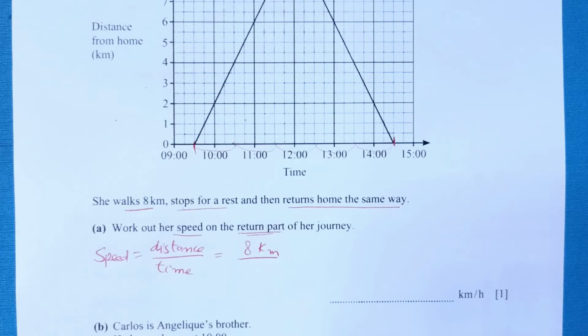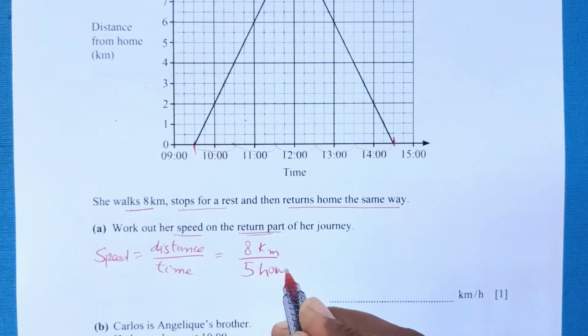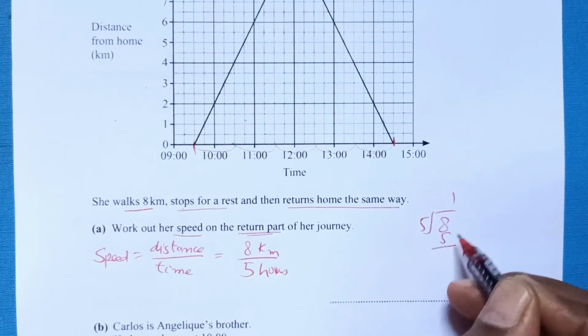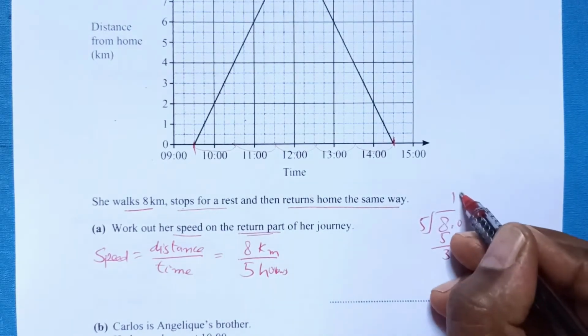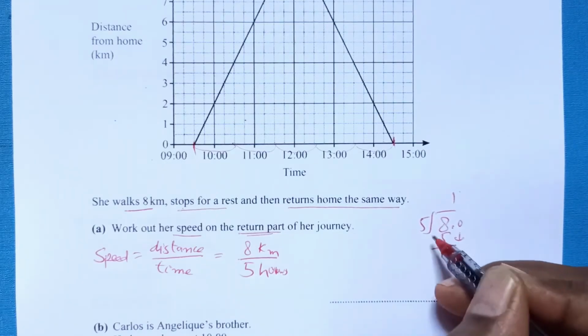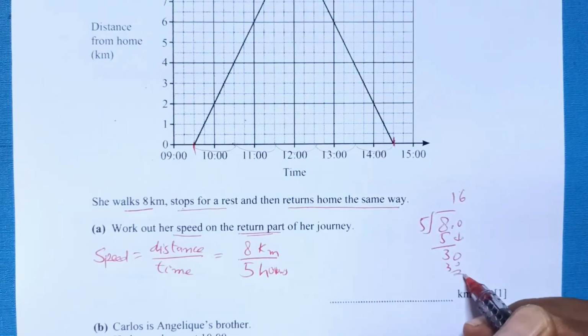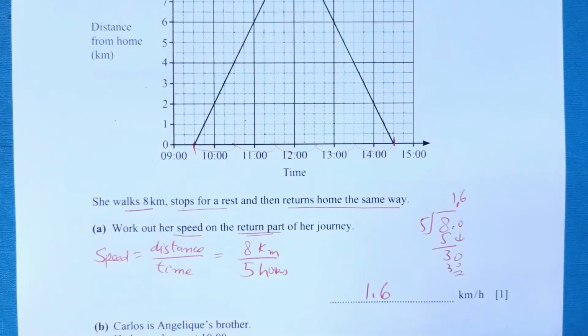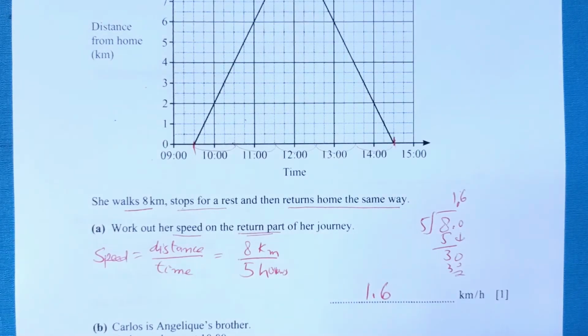So we are going to substitute 5 hours here. So 8 divided by 5, 5 times 1 is 5. So 3, we put a decimal here, drop down 0, 5 times 6 is 30. So the answer is 1.6 kilometers per hour.